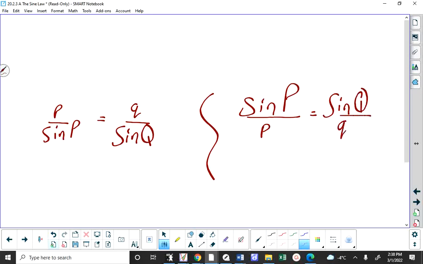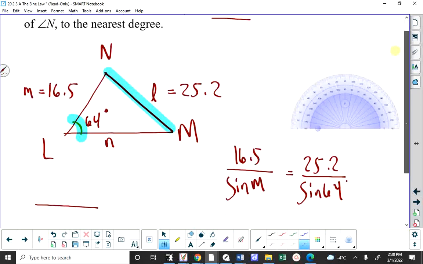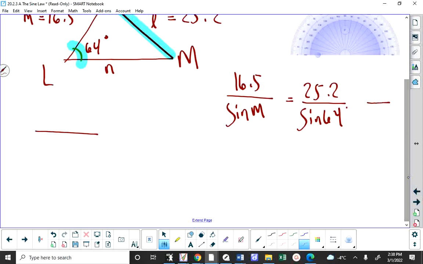And if you follow that advice, you're going to be a lot more successful in working with the sine law. What I'm doing is basically taking the sine law and flipping it upside down. I suppose you could write it and then flip it over, but you might as well just write it flipped over to begin with.